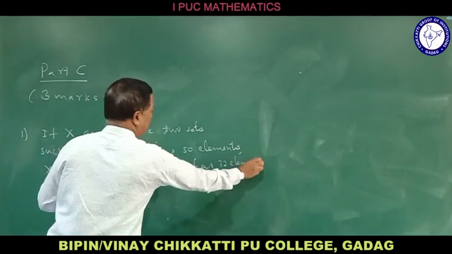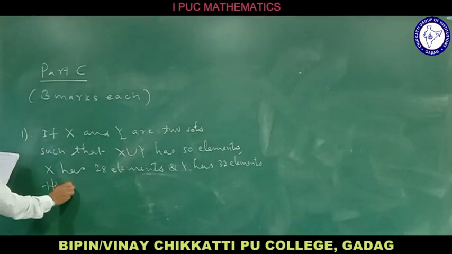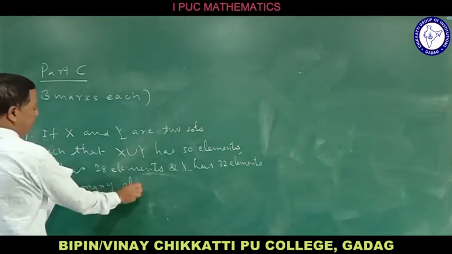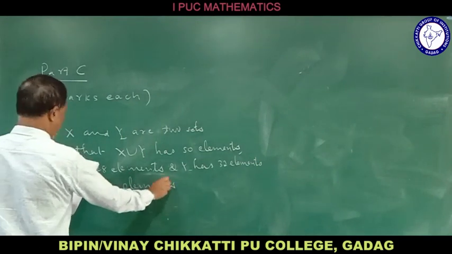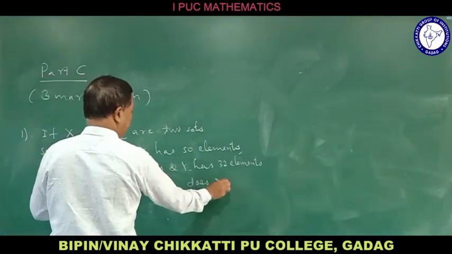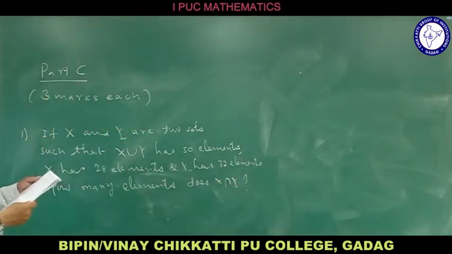See this condition. The question is how many elements does x intersection y have? This is the question, and accordingly you have to understand.